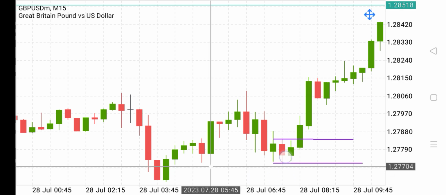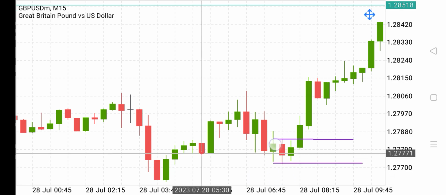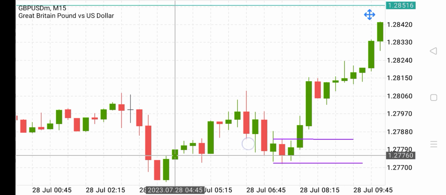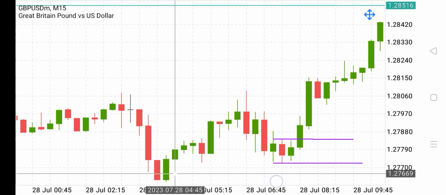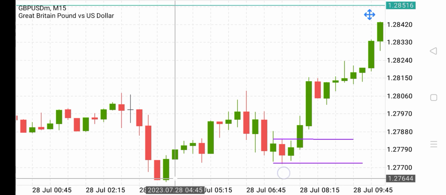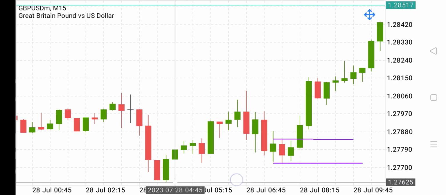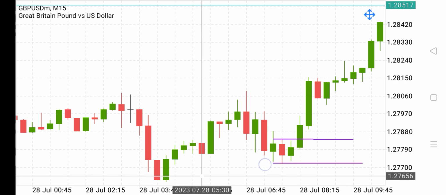And if you draw your trend line from this point, you see that red candle is in between the bullish candle. And if you put your arrow down to this level, you find out that the red candle is also in between the ranges of this blue candle, so we call it a bullish engulfing.